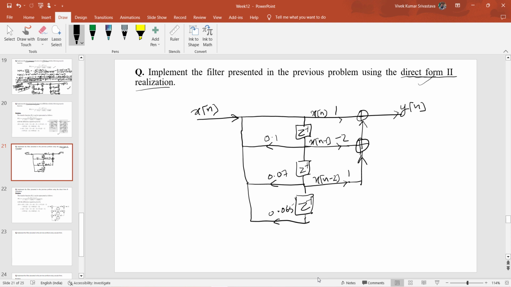Okay, so from here we can see that this kind of realization requires, there will be adders. Okay, so here, although 5 adders are required, the number of delaying elements required will reduce, so only 3 delaying elements are required.